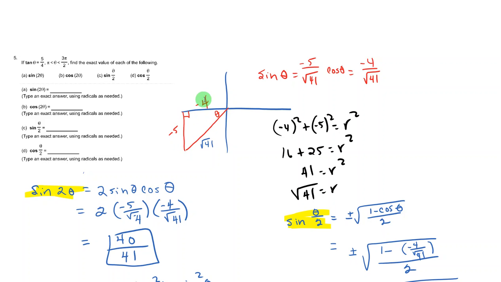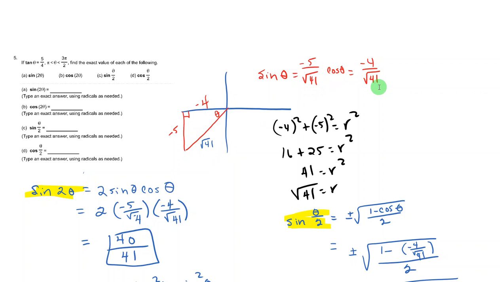But what we need to note is this is a negative x, this is a negative y. That still gives us a positive tan, but we have to use these negatives here. You mess it up if you don't. We figure out what the hypotenuse is by doing our Pythagorean theorem, and we end up with the square root of 41. So now I can write sine theta is negative 5 over the square root of 41. Cosine theta is negative 4 over the square root of 41.